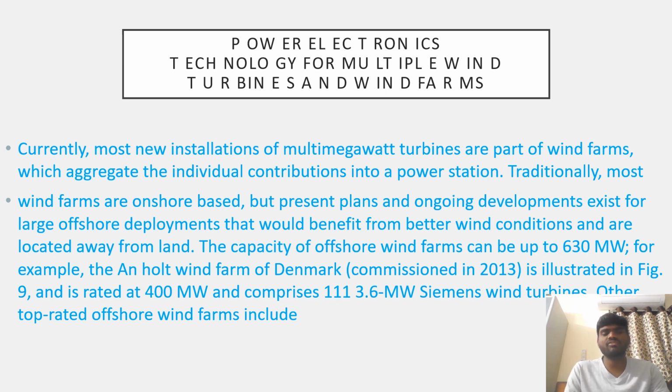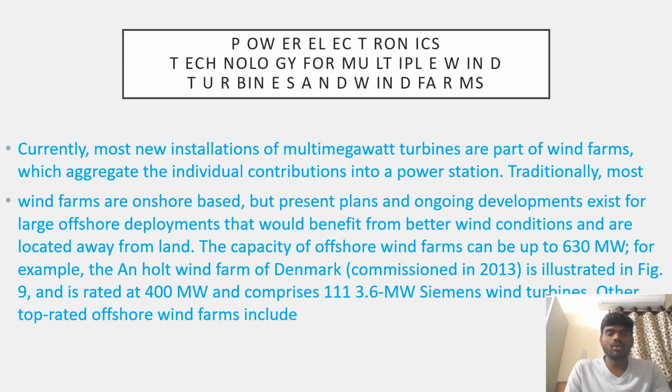Traditionally, most wind farms are onshore, but present plans and ongoing development exist for large offshore deployments that would benefit from better wind conditions and are located away from land. The capacity of offshore wind farms can be up to 630 megawatts.